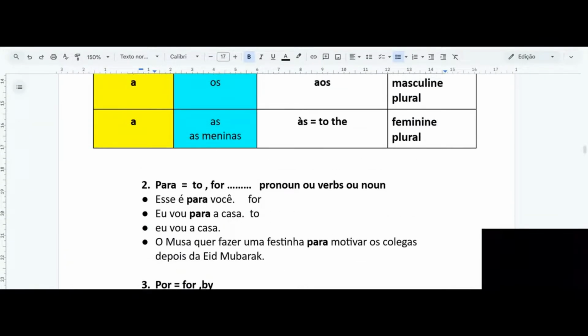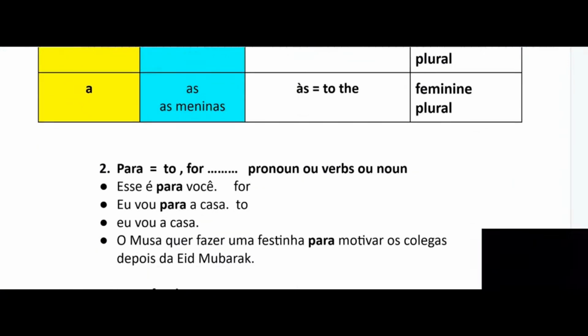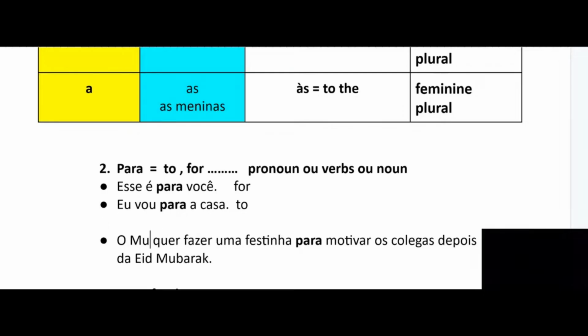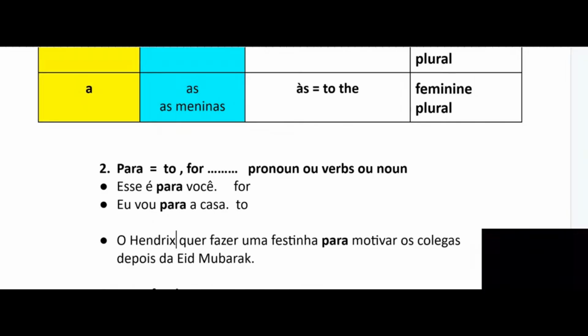So the third example, we have Omusa. So let me use o Enrique. Hendrik or Hendrix. Okay, sorry for pronouncing your name, o Hendrix.